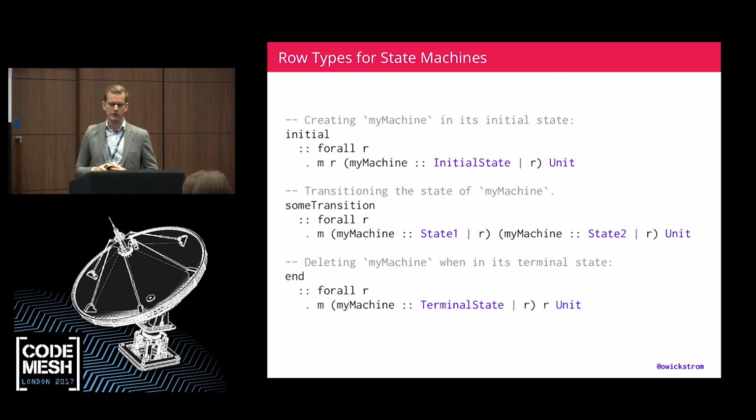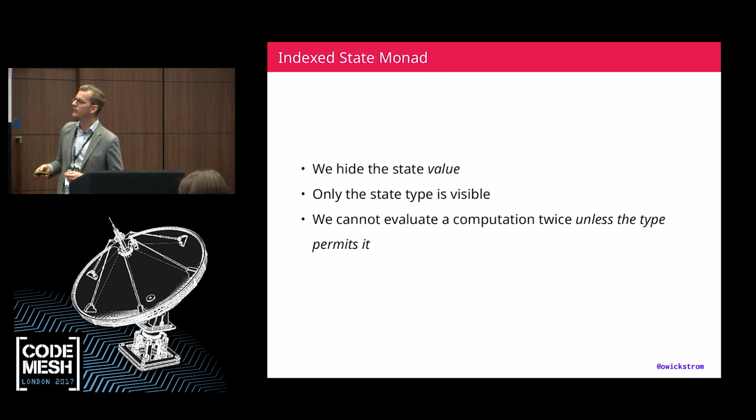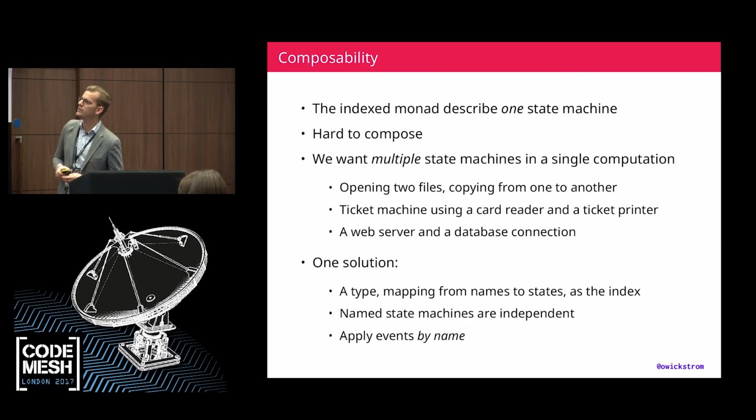And say we want to use these row types for state machines instead. Oh, I think I missed a slide, but yeah. The problem is, if I go back, and that's the missing slide. Sorry, I should say this first. The indexed monads that I showed you before describe one state machine. You go from one state to another, and that makes it very hard to compose.